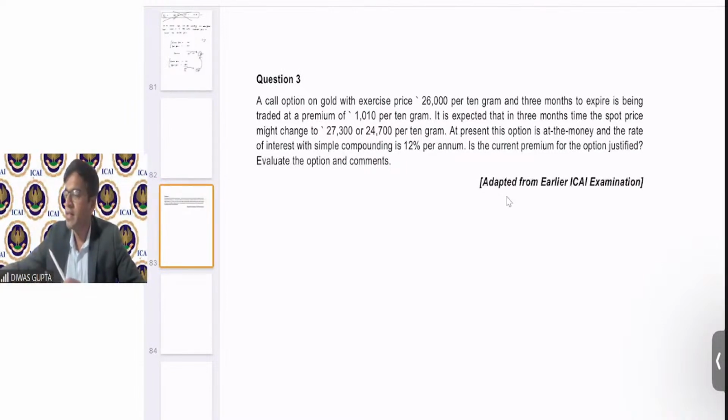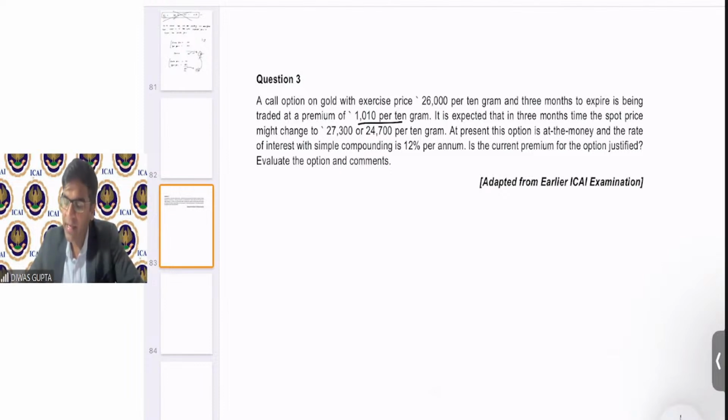Question number 3 is actually a question on commodity derivatives. Commodity derivatives is part of our syllabus. So let's go ahead. A call option on gold with exercise price of rupees 26,000 per 10 gram and 3 months to expire is being traded at a premium of 1010 per 10 gram.